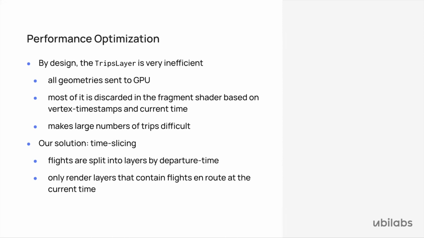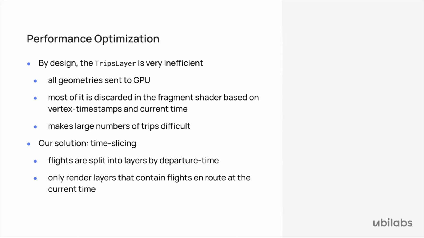If you have a really large number of trips in the trips layer, you end up with like 80% of the triangles that get sent to the vertex shader being basically useless. So what we ended up with is a time slicing solution where we split the trips by departure time into buckets of an hour each.